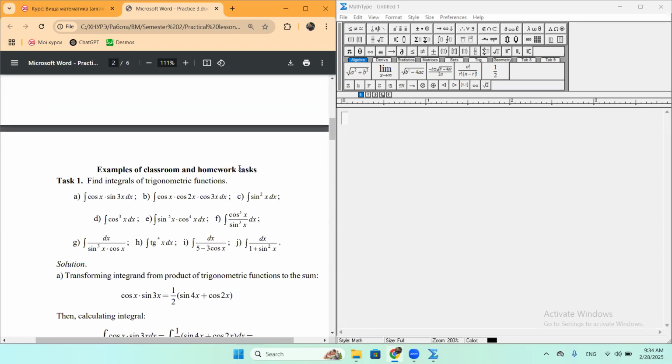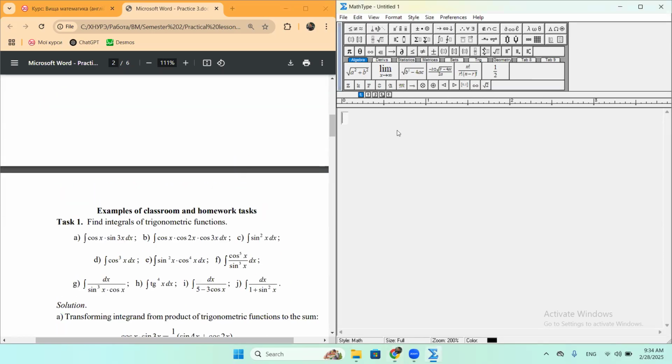Okay, so let's start calculating integrals. The first integral is the following: cosine of x multiplied by sine of 3x. So how to solve it?